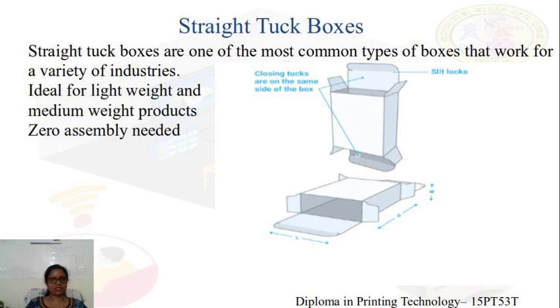This style is ideal for lightweight and medium weight products, wherein assembly of this folding carton is very easy. It can be manually assembled or it can be assembled in the machine also, glued and machined.